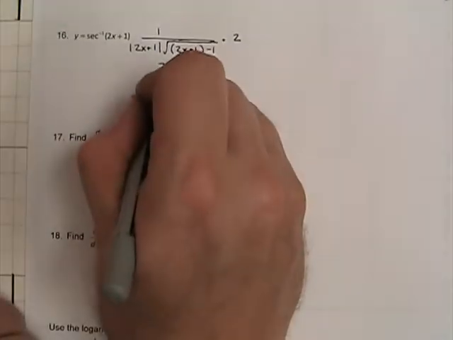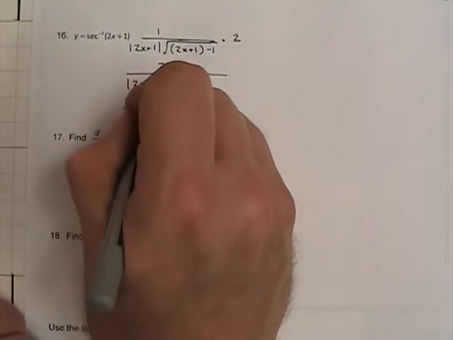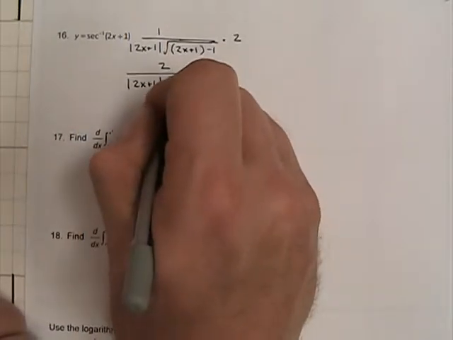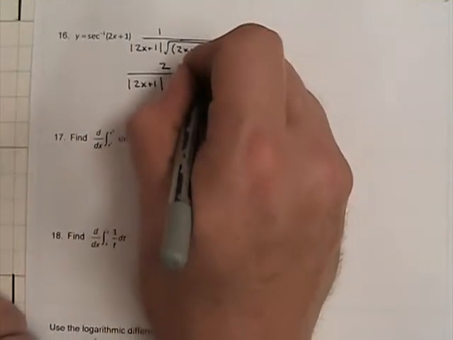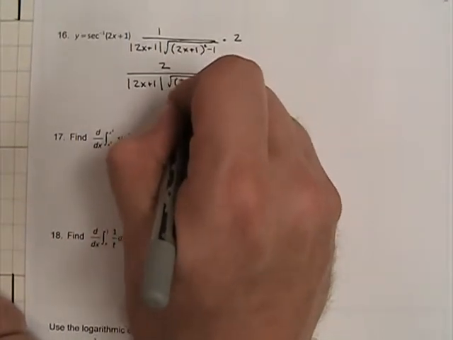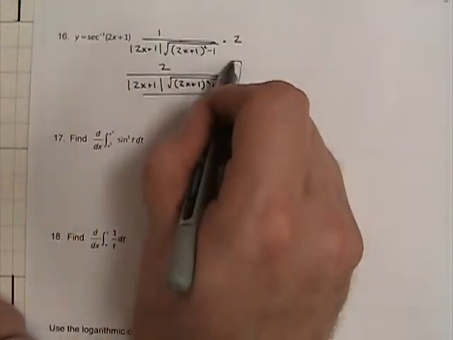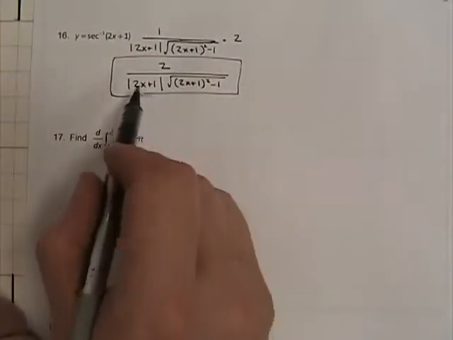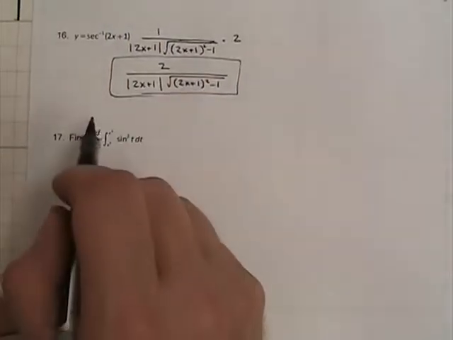So the whole thing, oops, that should have been squared. And I can't really get rid of absolute values because there will be some negatives there, so I need the absolute values. Nothing cancels, so it looks good.